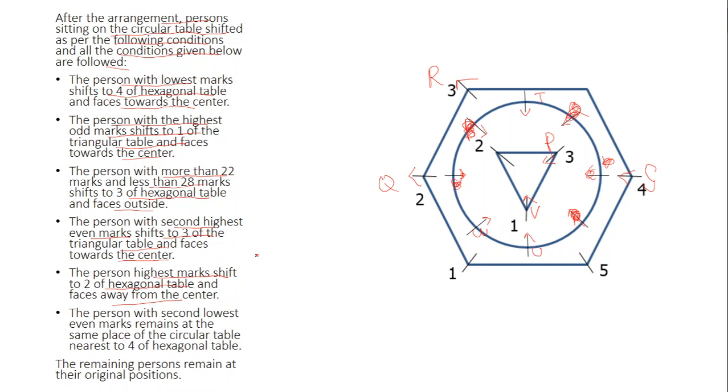Okay, the person with second lowest even marks remains at the same circular table nearest to the hexagon.